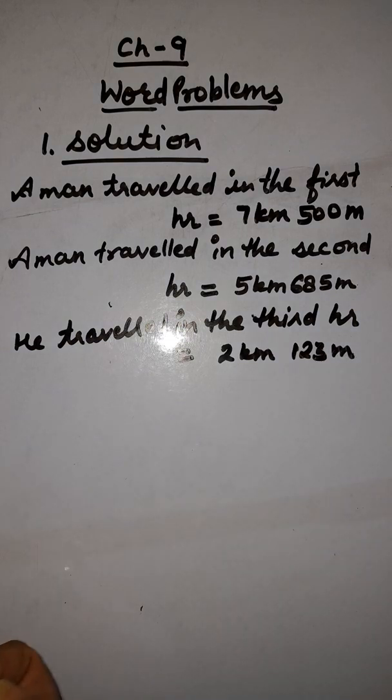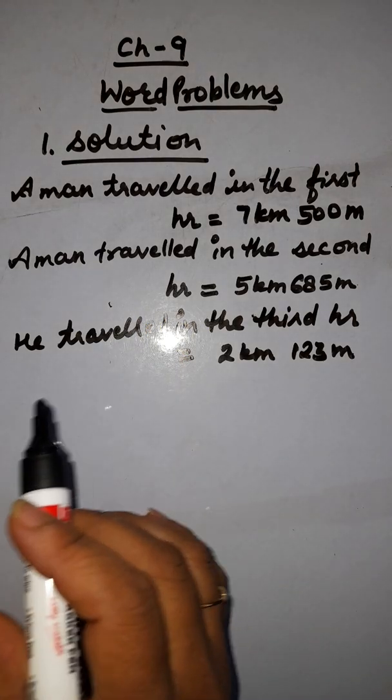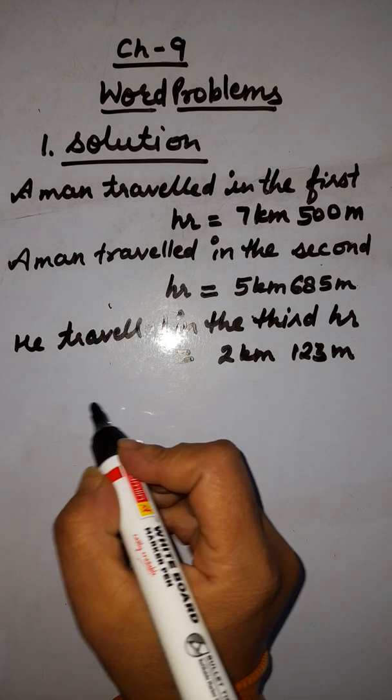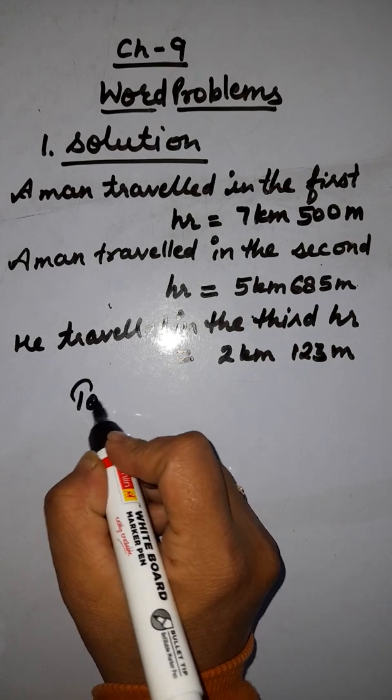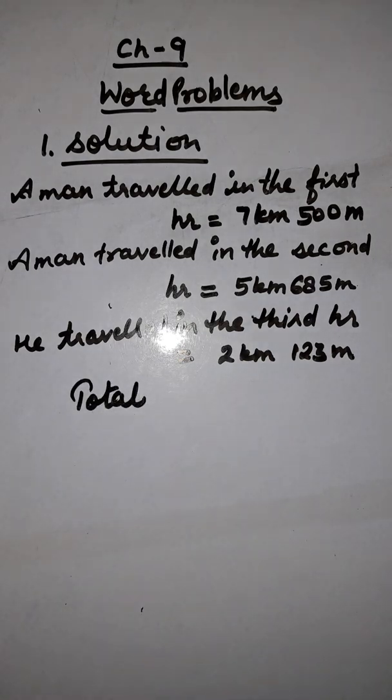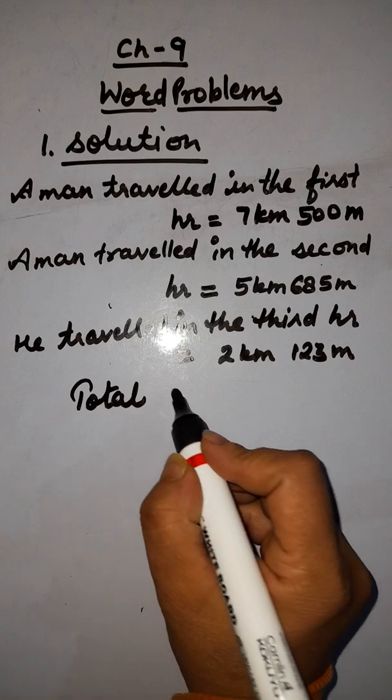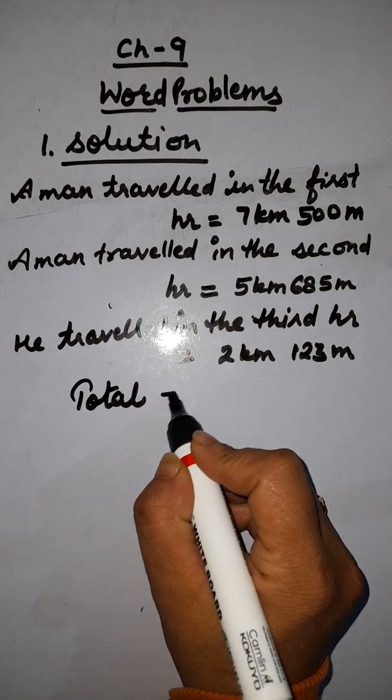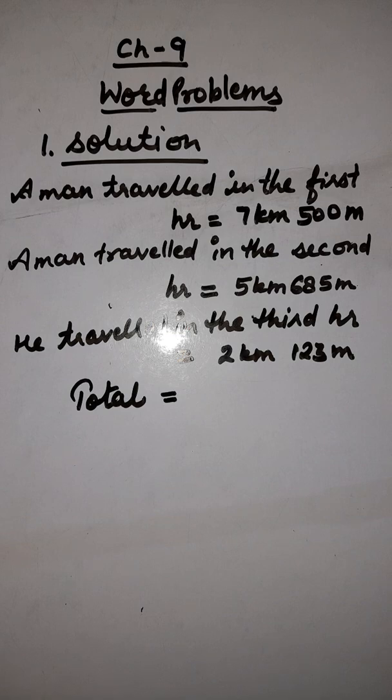So what we have to find out? We have to find out the total traveling by the man. Okay. So we'll write here total. Okay. After that we'll write the last statement. So total, we'll find out total traveling.